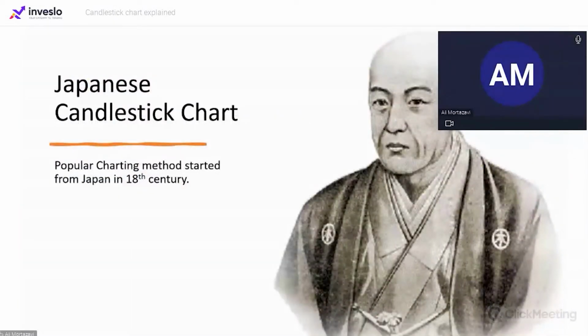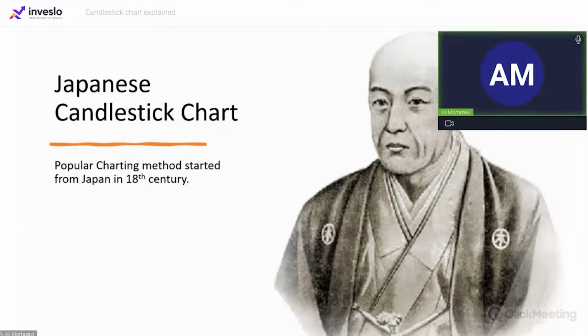Okay, the Japanese candlestick chart. Japanese candlestick chart is one of the few charting methods, very popular. It has come from Japan in the 18th century.